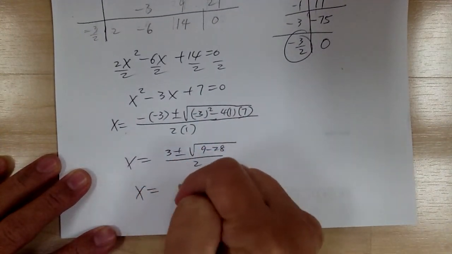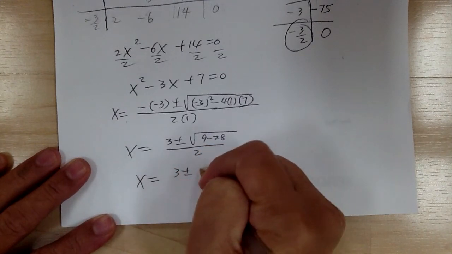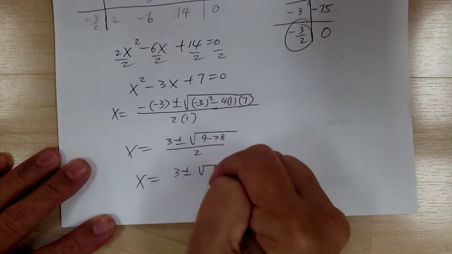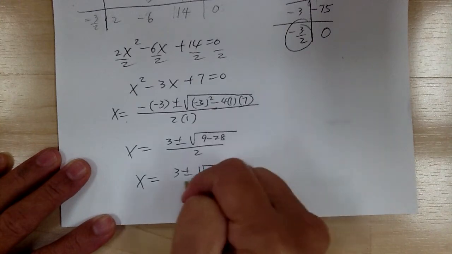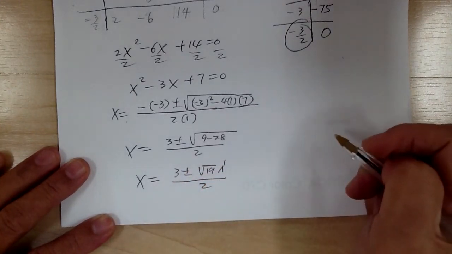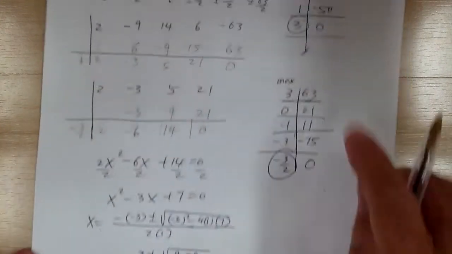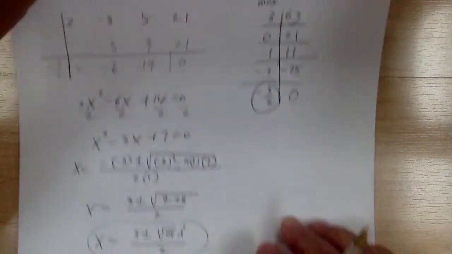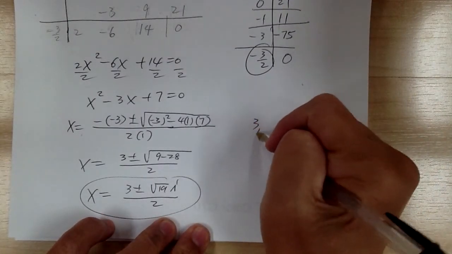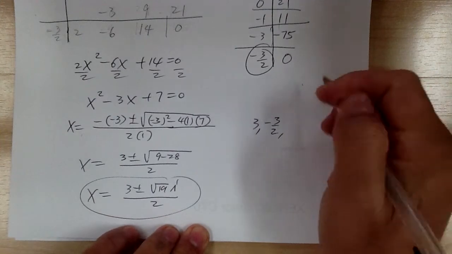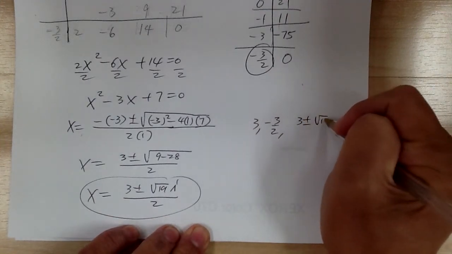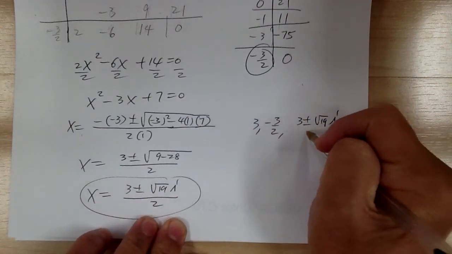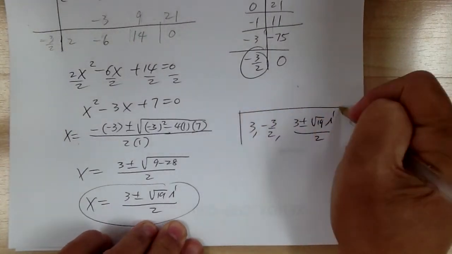So x will equal 3 plus or minus, this gives -19, so it will be square root of 19i over 2. So these are your 4 answers. Put them all together, and your answer would be 3, -3/2, and 3 plus or minus square root of 19i over 2.